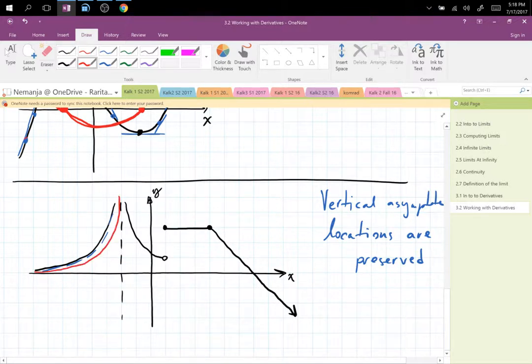Just going to draw another red line above the x-axis. On this part of the graph, note how the original function in black is leveling off to become horizontal at infinity.